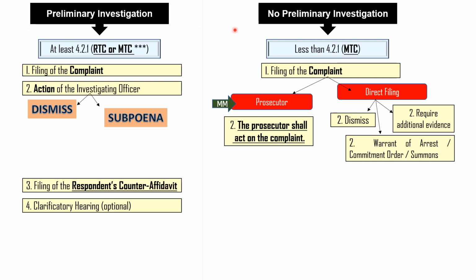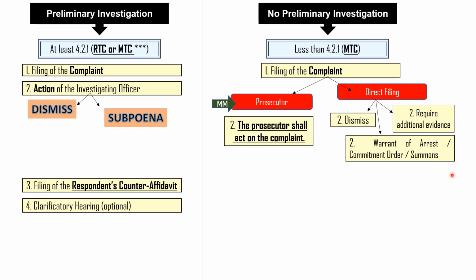Because if you're going to compare it in a case which does not require a preliminary investigation, then hanggang number 2 lang tayo. Only 2 steps. Number 1, number 2. Tapos ka na dito.